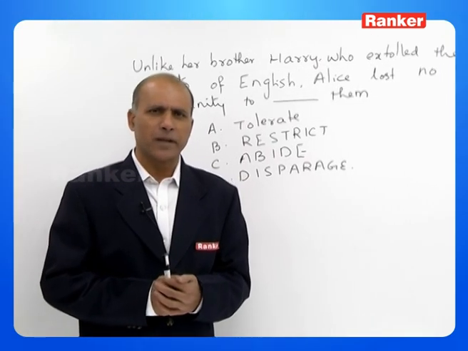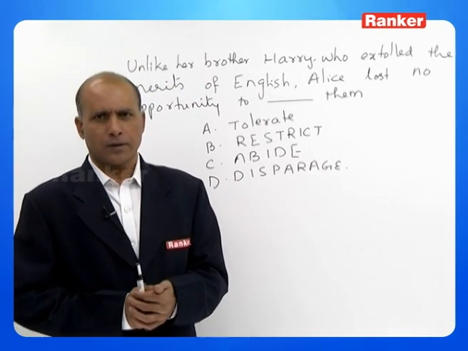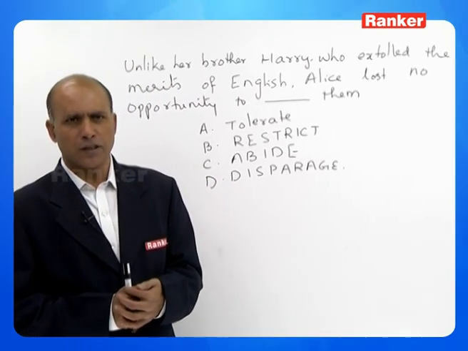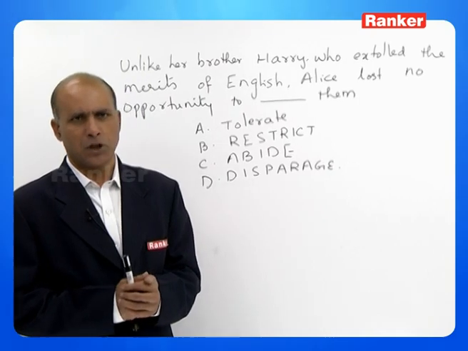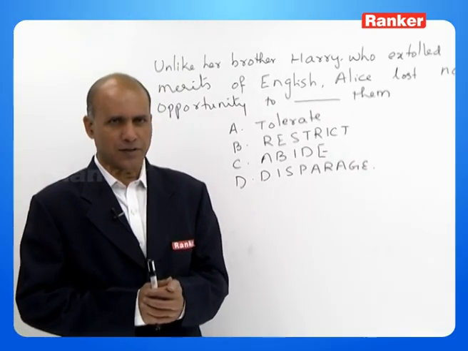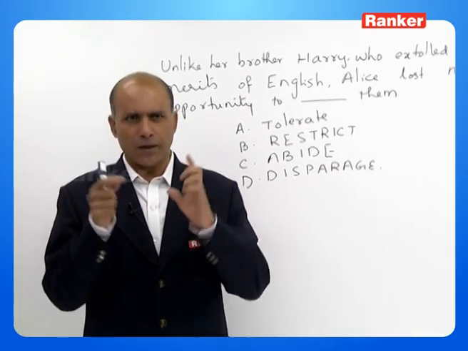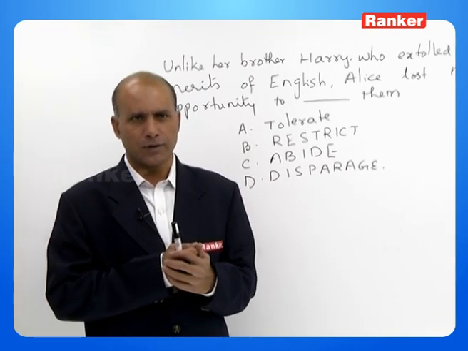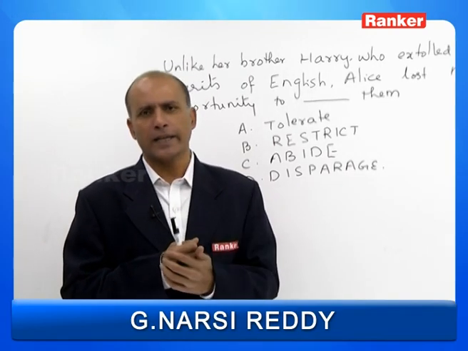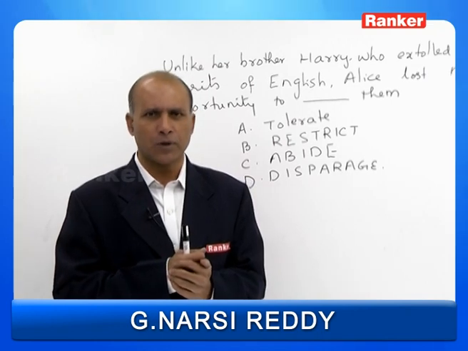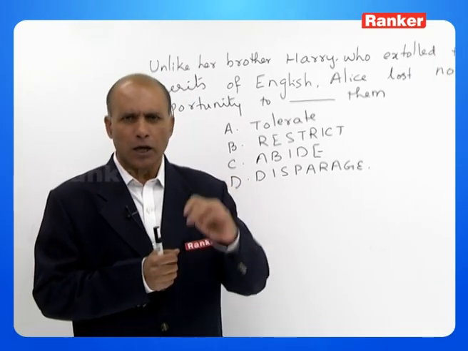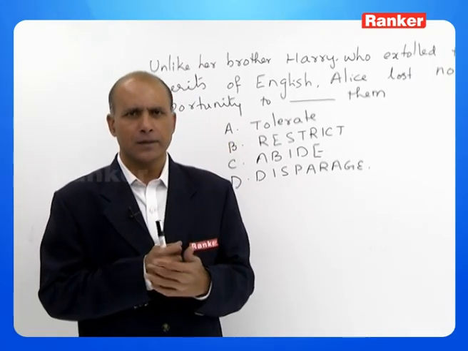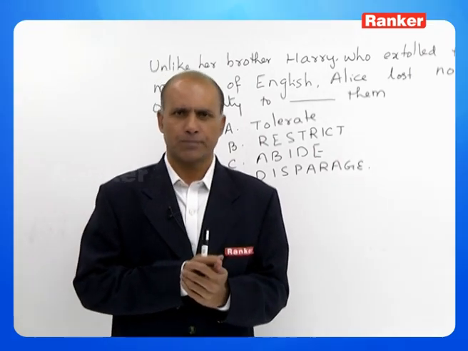In sentence completion, there are sentences which test your ability to understand the structure and format of the sentence, and also identify the clue words and keywords, and also know very clearly the meanings of the words.